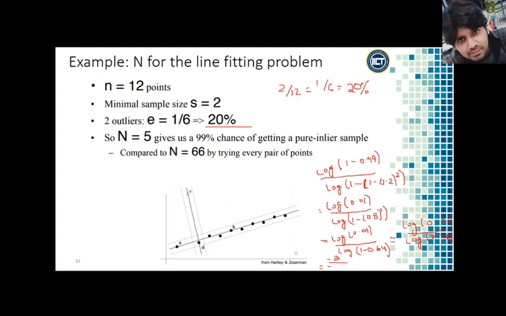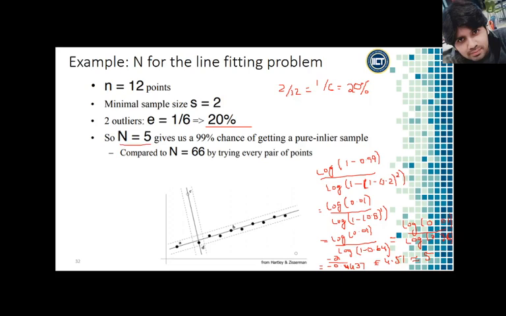So this would be minus 2 divided by minus 0.4437, and we get the value of 4.51. This is approximately equal to 5, and that's what we get here: n equals 5.